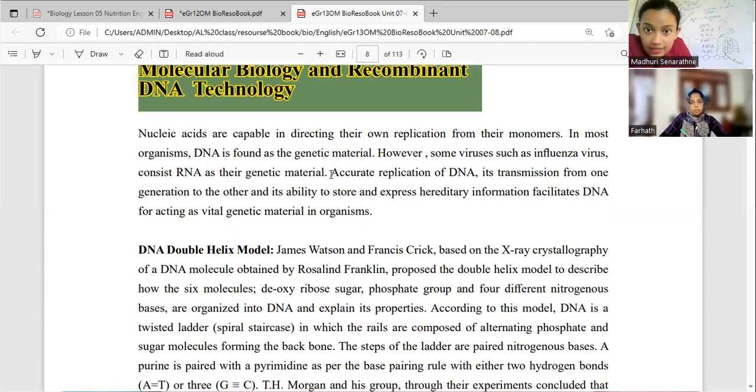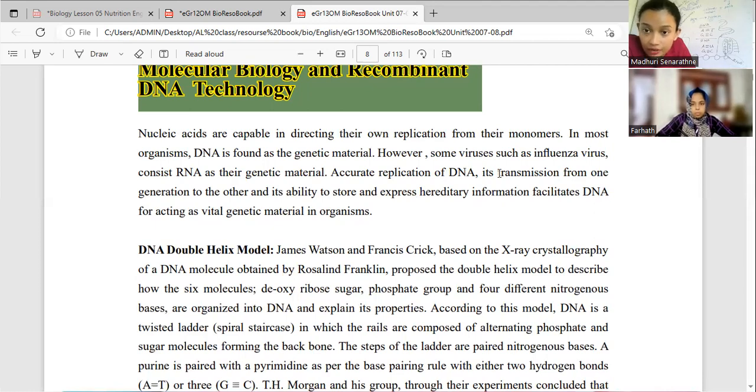First reason is accurate replication of DNA.